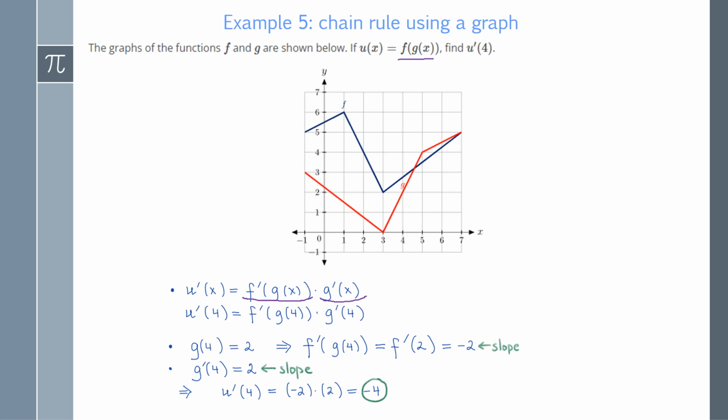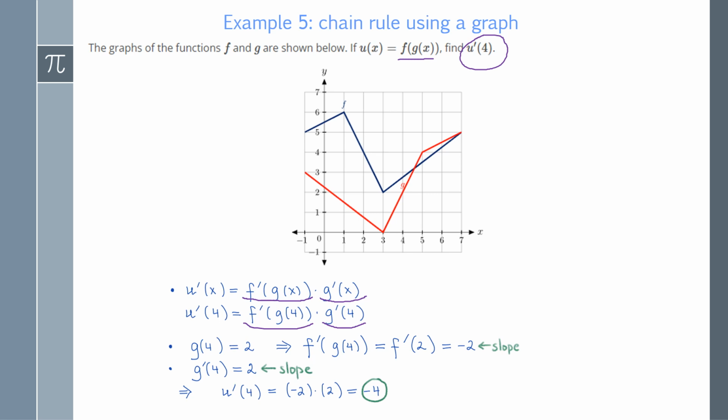Now I'm plugging in 4, because I need to compute u prime of 4. So u prime of 4 will be f prime of g of 4 times g prime of 4. That's what I need to compute, and I'm going to compute each of these values one step at a time. The first step is g of 4.